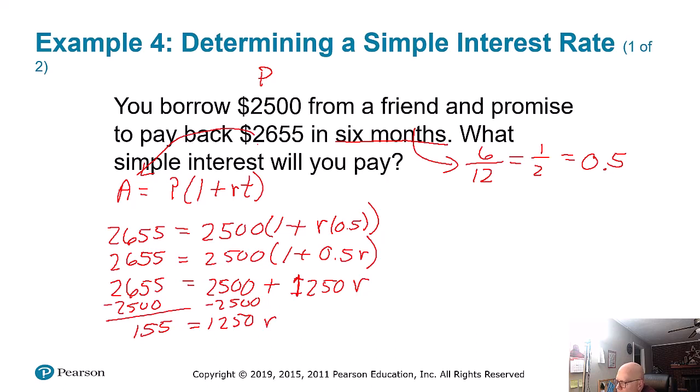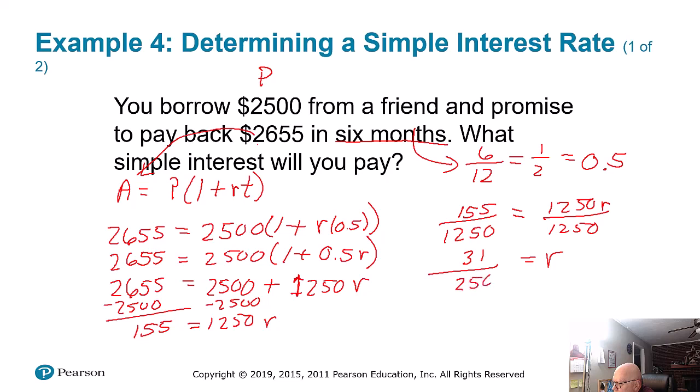Let's move over here, and we've got 155 over 1250 equals 1,250 R over 1250. So R is, let's see, 31 over 250. If you want to reduce it, you don't have to. So you need to change this to a decimal, and then change that to a percent. We talked about that the other day.